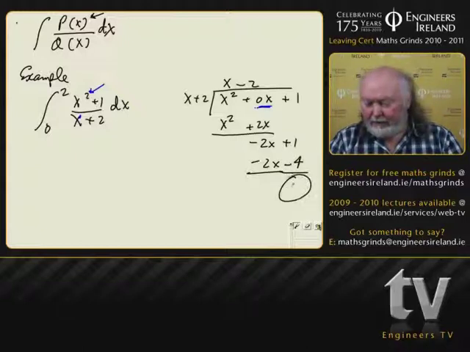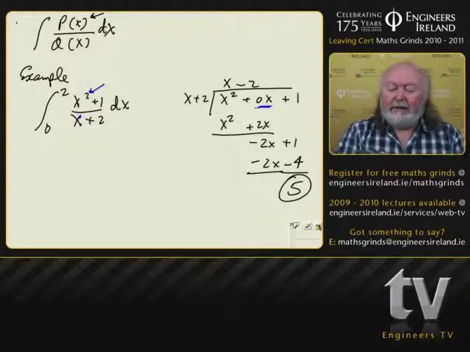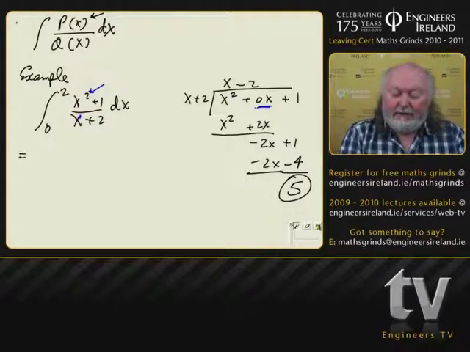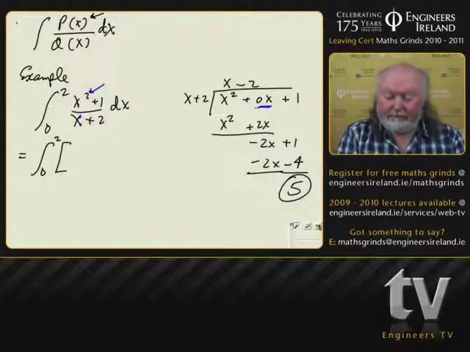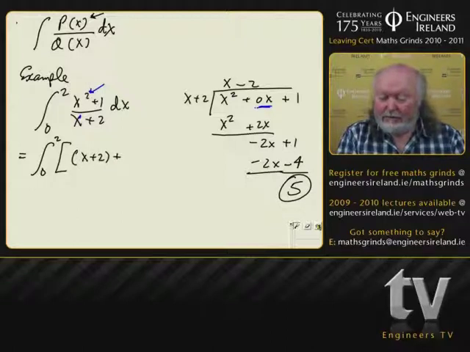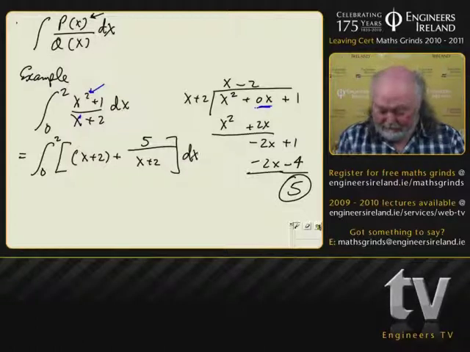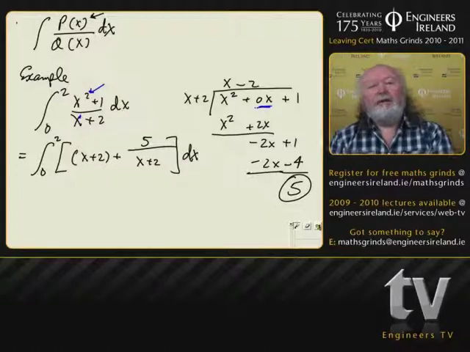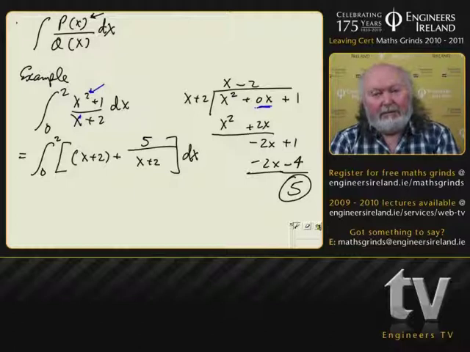And we have a remainder of 5. So we're saying that this thing is the same as the integral from 0 to 2 of x plus 2 plus 5 all over. 17 divided by 5 is the same as 3 plus 2 over 5.